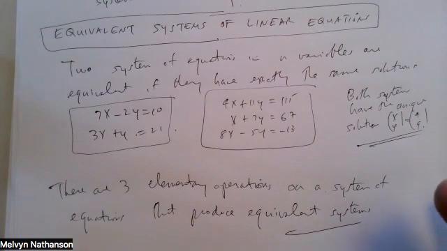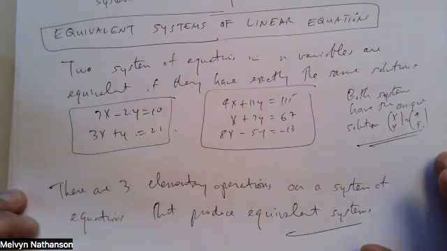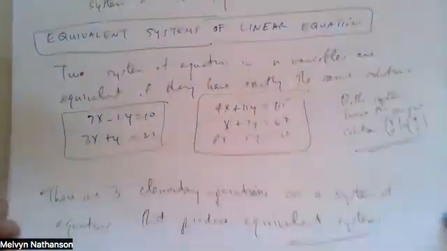So you have a system of equations, you do something to them to get a new system of equations, but they are equivalent. They have exactly the same solutions. So what are these three elementary operations? Well, they're actually really elementary.